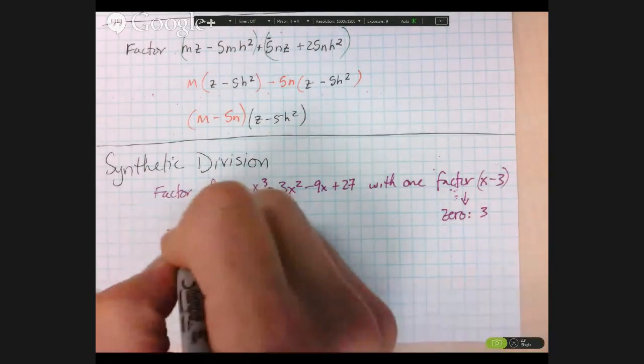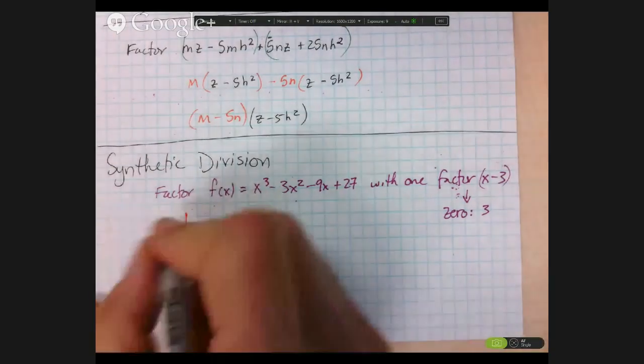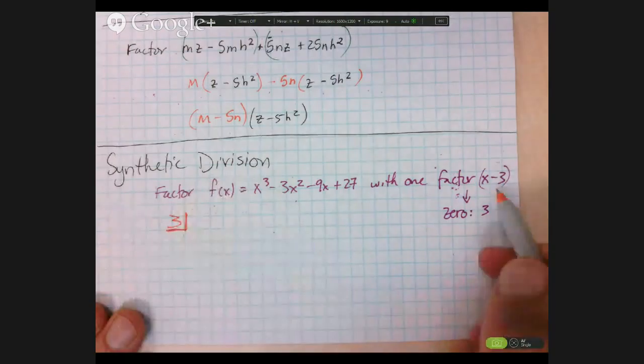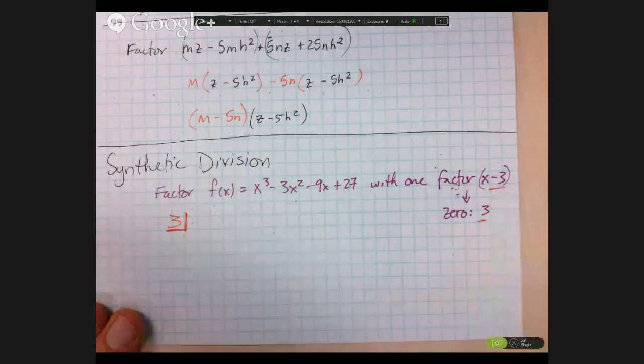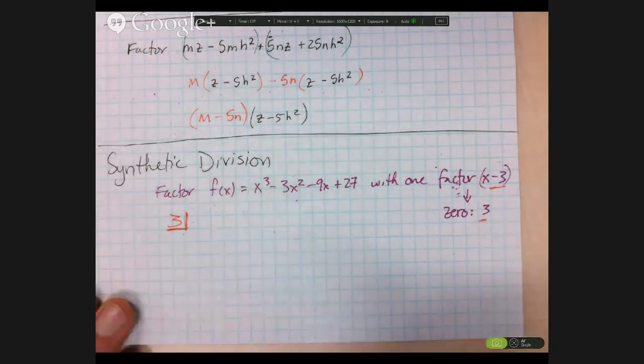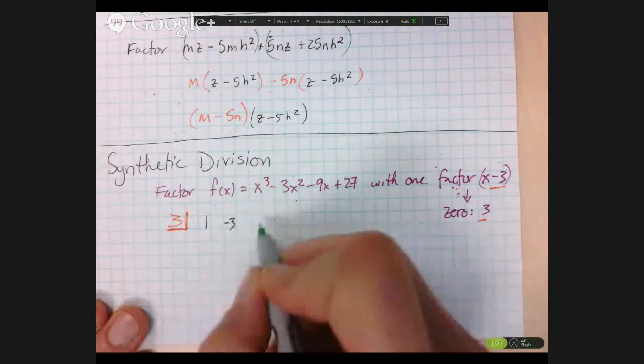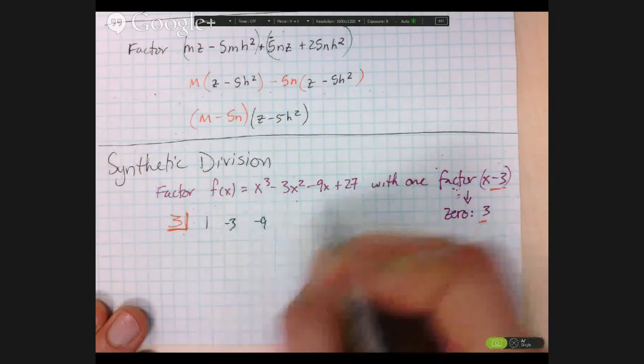Okay, let's see if you remember what goes in that little box. The opposite of that number or the same as that number, take your pick. And what goes here? 1, negative 3, negative 9.